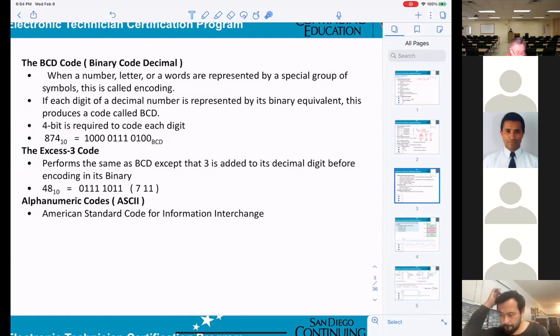In order to do it, convert each one. Number 8 is 1000, it must be 4 bits. Okay, that's the requirement. Number 7 is 0111. Okay, and number 4 will be 0100 in BCD.